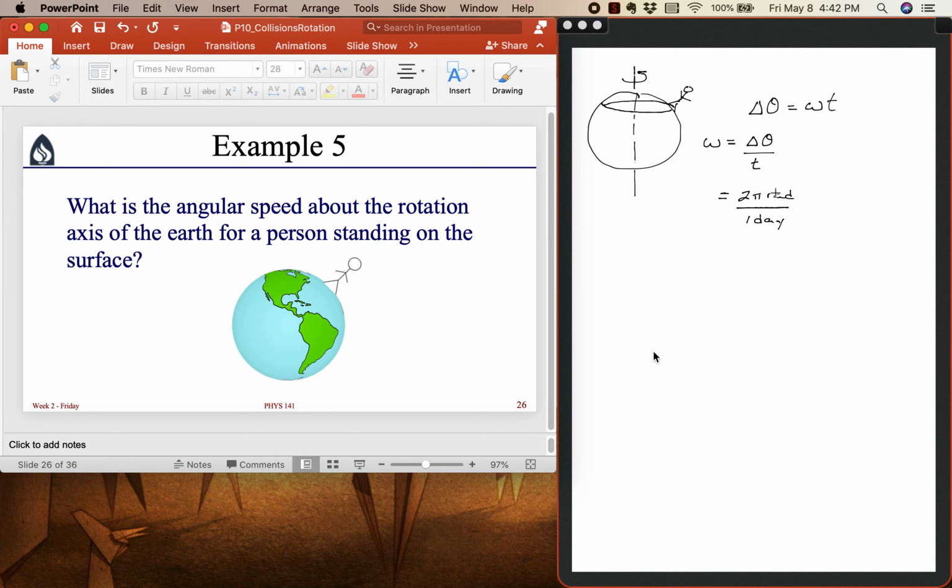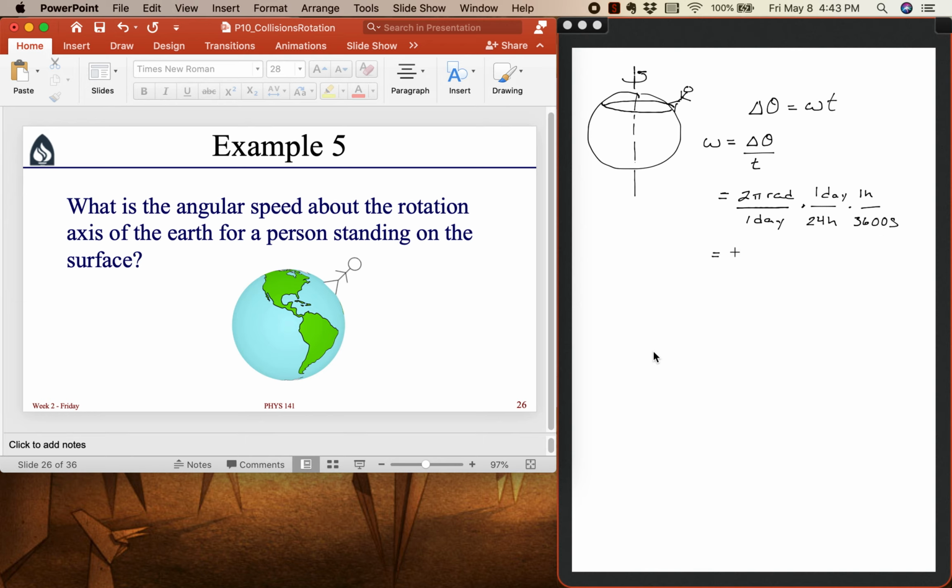So we want our angular speed to be in radians per second instead of radians per day, so the rest of this problem becomes one of unit conversion. So we know that 1 day is 24 hours, and then one hour is 3,600 seconds.